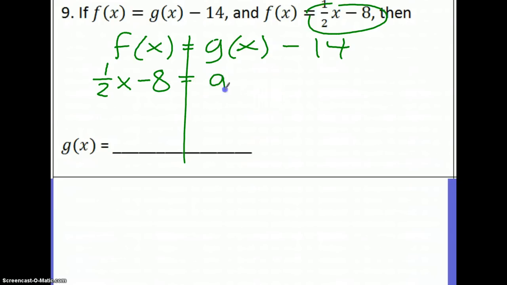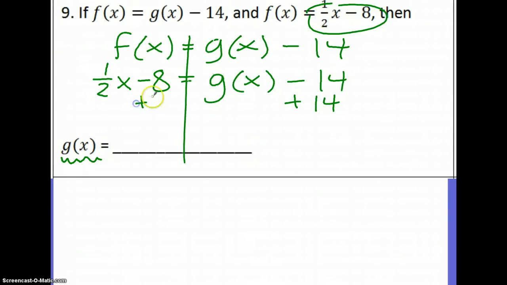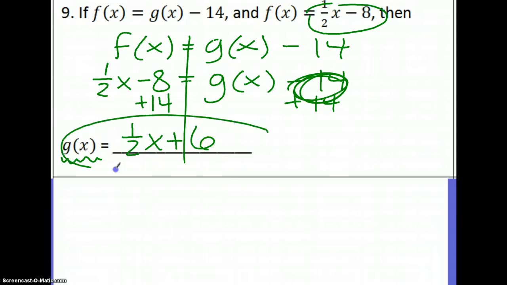Bring everything down, g(x) minus 14. We want to know what g is. We want g all by itself on one side. So if you have a minus 14, we're going to add 14 to get 0, and we've got to do it to both sides. So we'll be left with 1/2 x. Negative 8 plus 14 is positive 6. So g is 1/2 x plus 6.